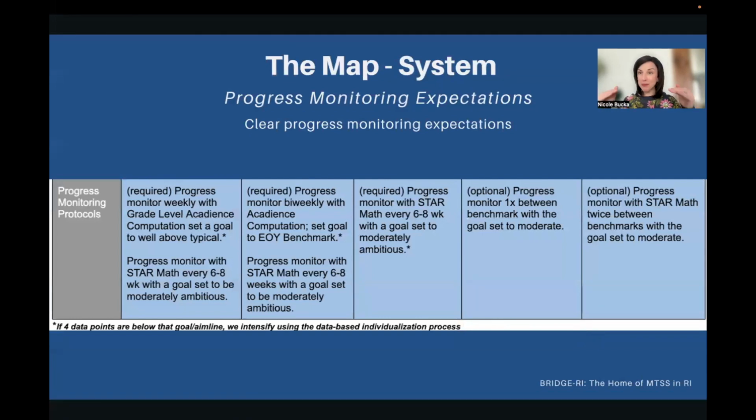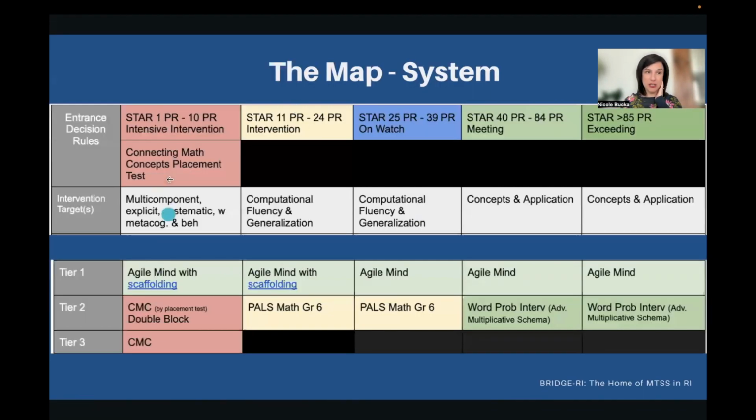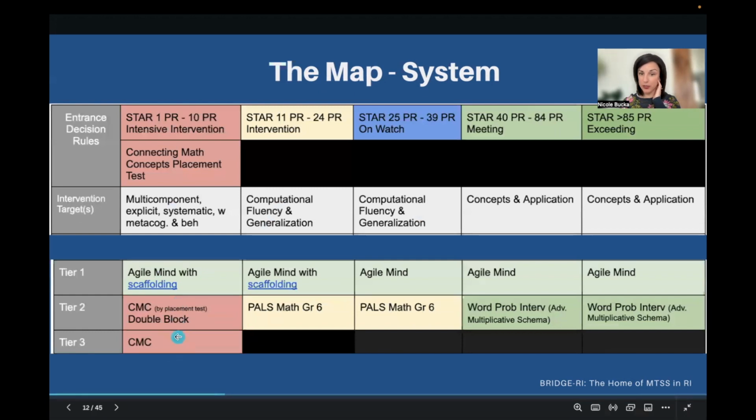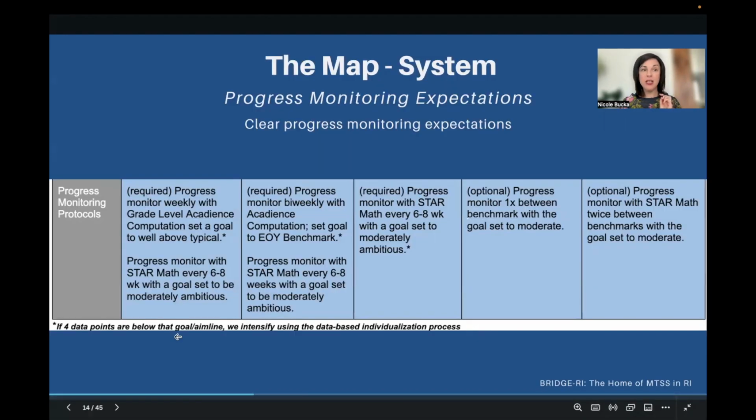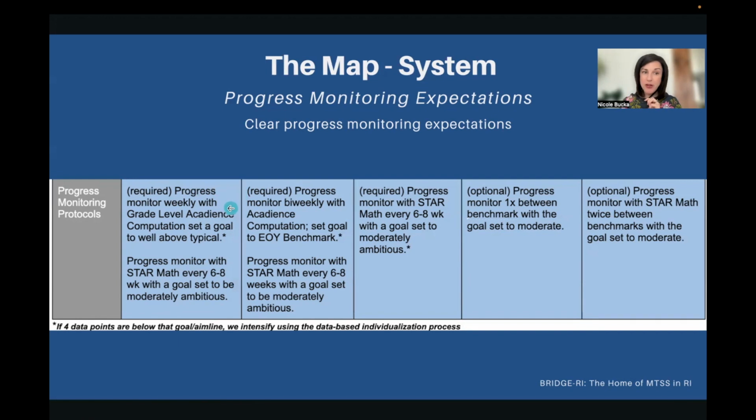So now the bottom of the map is, how do we make sure that what we are doing is working? Progress monitoring expectations. And one of the keys here is making sure that everyone is doing it. So no matter who has this column with the low-level kids implementing this particular intervention, connected math concepts, they must progress monitor weekly.